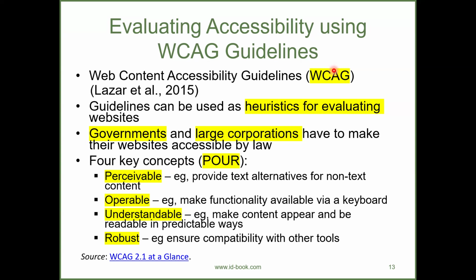For example, provide text alternatives for non-text content. Operable, for example, making functions available through a keyboard also and through a touch screen also. So if the touchscreen is not behaving properly, the keyboard commands can be used. Understandable means make the content appear and be readable in predictable ways.